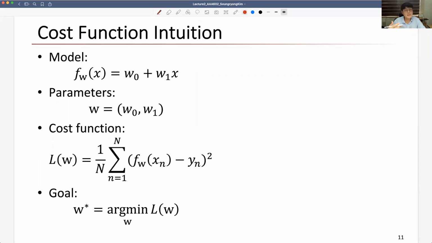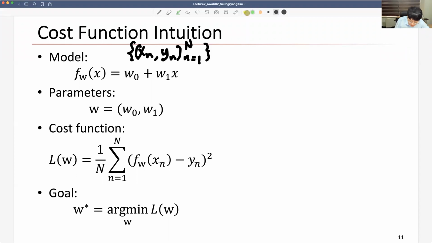Let's summarize what we've done so far. To solve the regression problem, first of all, we need a training data set, something like (xn, yn), when n is equal to 1 to large N, right? So this is training data.